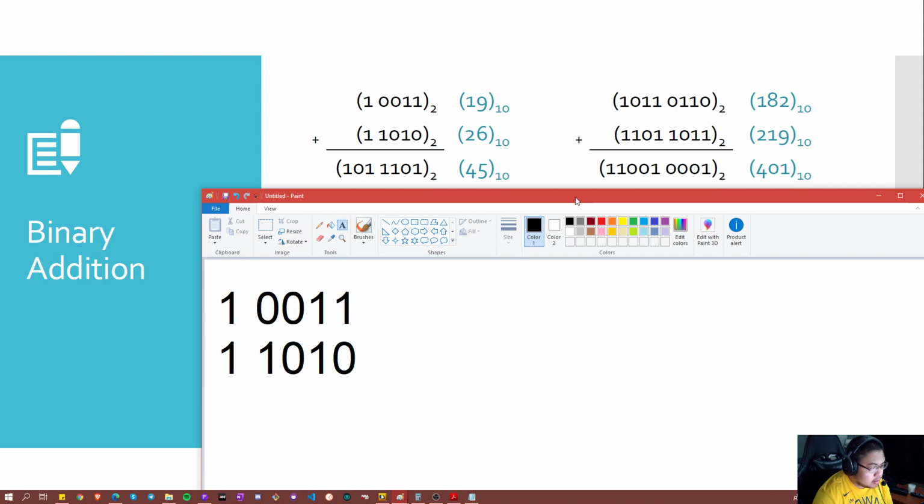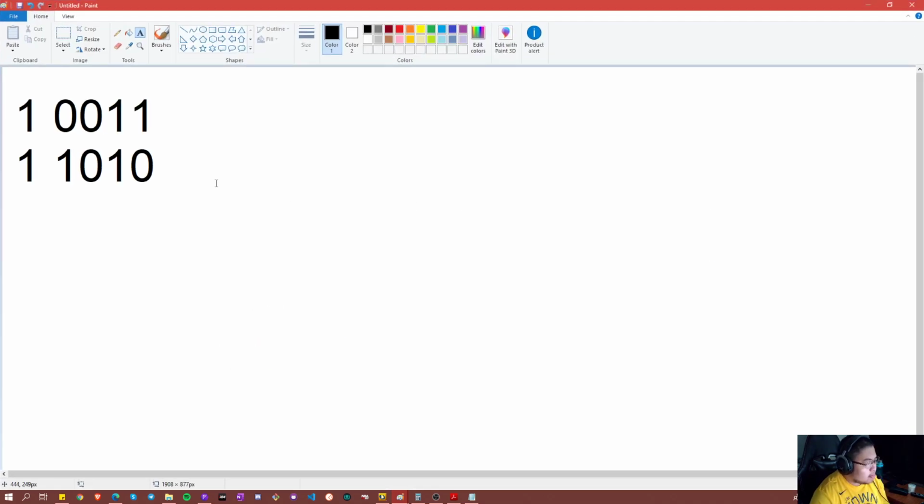Okay, so here we go. When we add binary, this is how we do it. One plus zero is equivalent to one. Now the one and one.